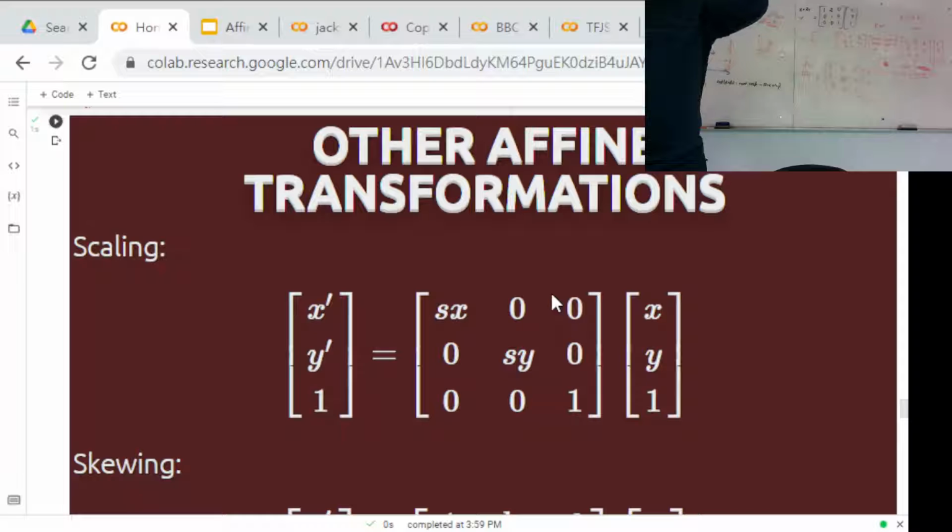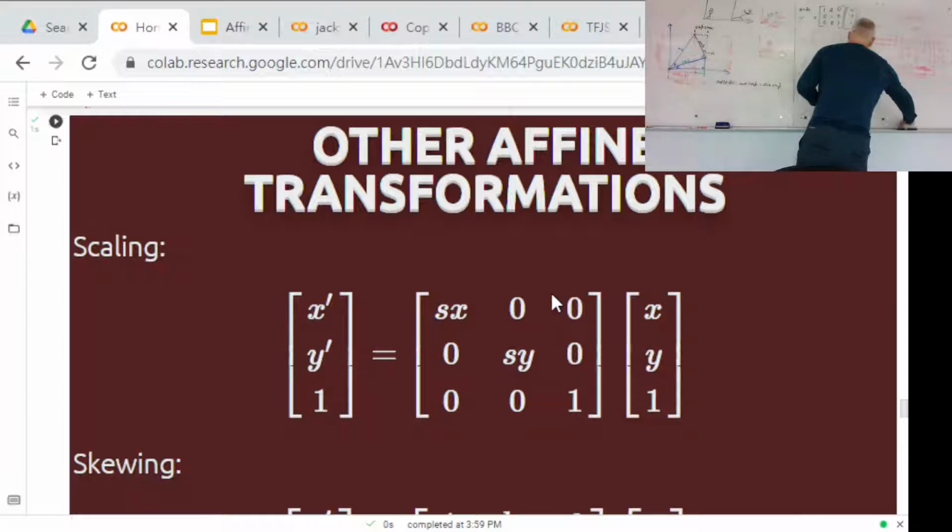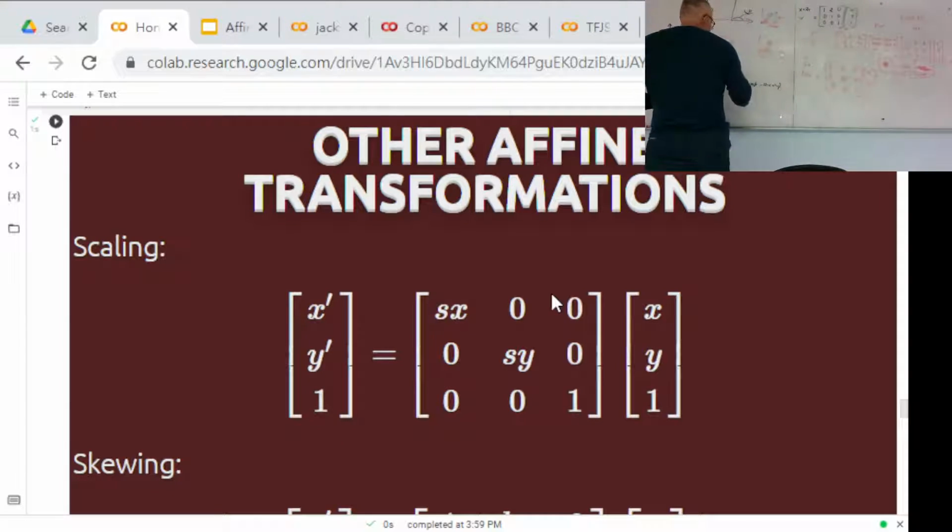It's like the whole thing is slanted over by a certain distance. So those are important for computer graphics. Scaling, of course, to zoom things up and down. Skew is important for rotation, and we'll see in a second how that works.